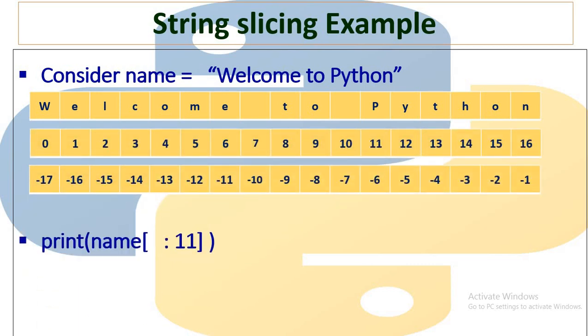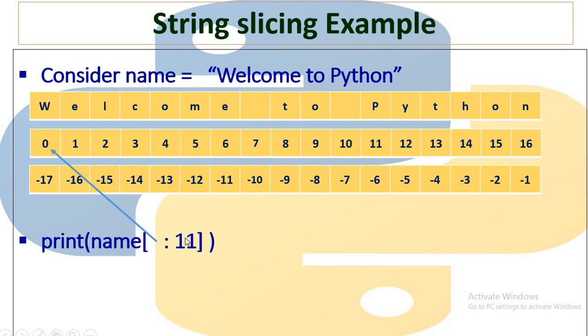Now print name. Here I have not given start, but I have mentioned end. Now when start is not given, what to do? Whenever start is not given, it will always start at the first position, the 0th position, so the first character.